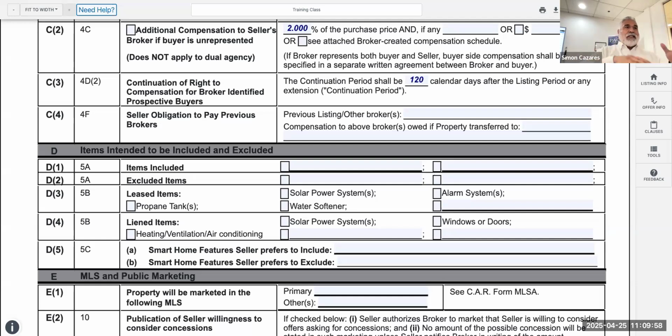And now the listing gets canceled or it expires. And then that buyer with that agency comes back and buys it, and it's within that 120 days or whatever time frame that you put, which again, 4 months is my buffer, then yeah, you can challenge and go after compensation from the seller.